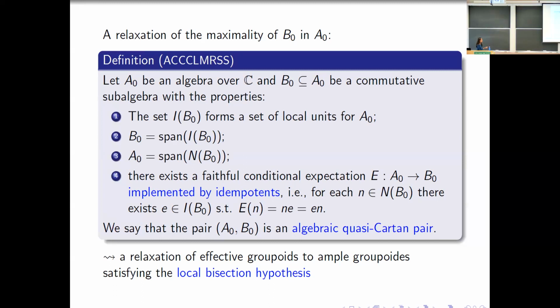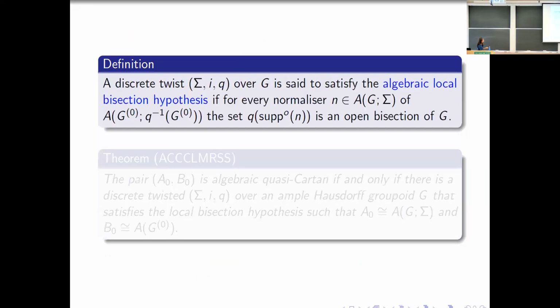In order to do so, we can actually relax the original effectiveness of the groupoid. We can just work with an ample groupoid satisfying another condition, and that will give rise to a groupoid and a twist which does give us an algebraic quasi-Cartan pair. I will show you the next slide. I will briefly say what this extra condition is. We can relax the condition on the groupoid itself, not necessarily effective.